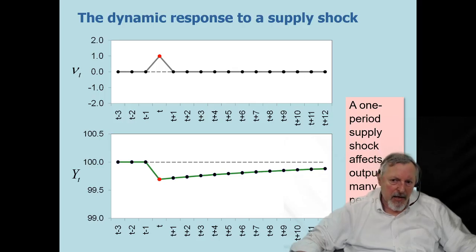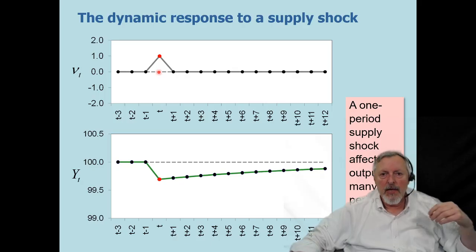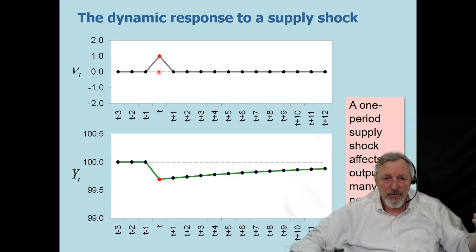Graphs of the time paths of the endogenous variables after a shock are known as impulse response functions. Here's the impulse, a one-time momentary deviation from equilibrium, and here's the response.